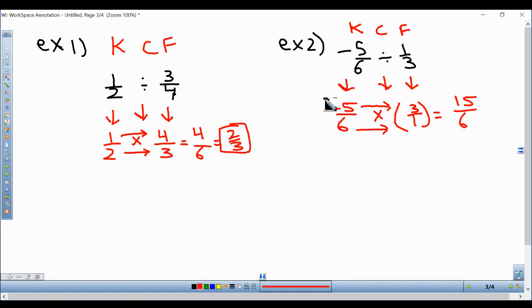Now, don't forget about this negative that we had over here. Anytime we multiply a negative and a positive number, our answer is going to be negative. So I'm going to bring that -15/6 down here.